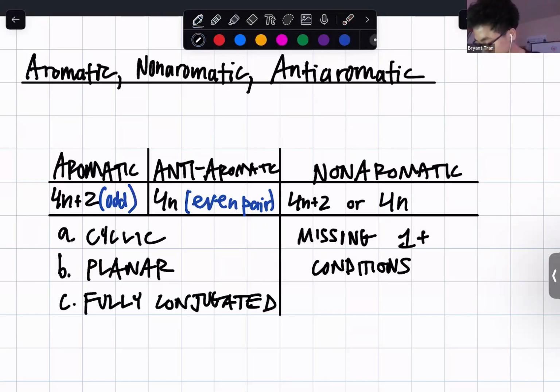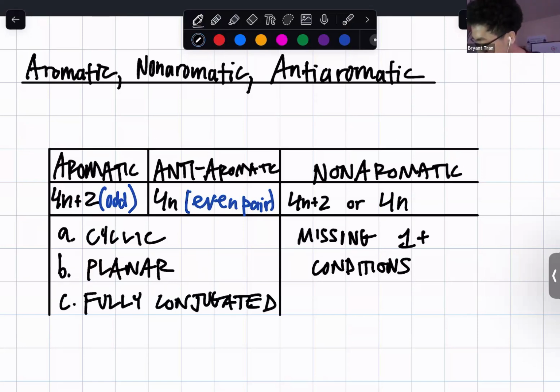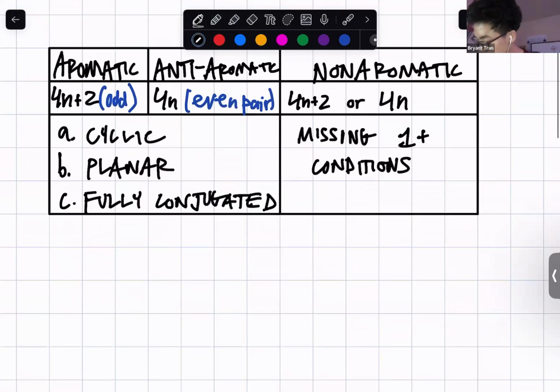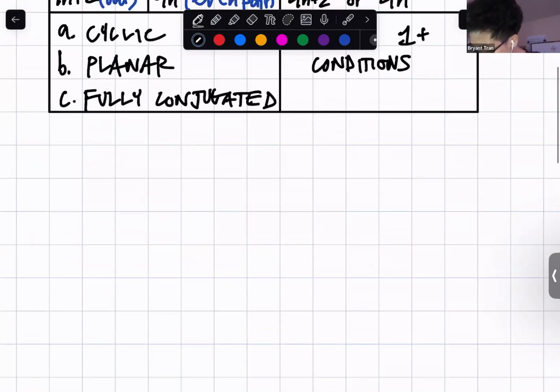The pairs of electrons during resonance are how many arrows we could draw when we do resonance structures. Basically, that would make it fully conjugated. So now, let's look at a common one, which is benzene right here.